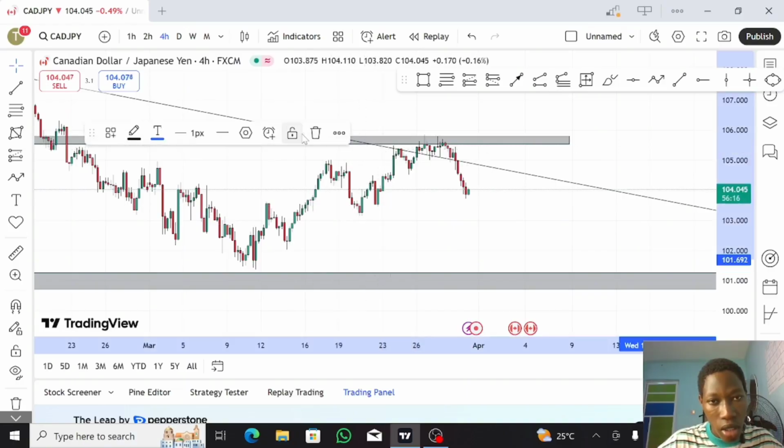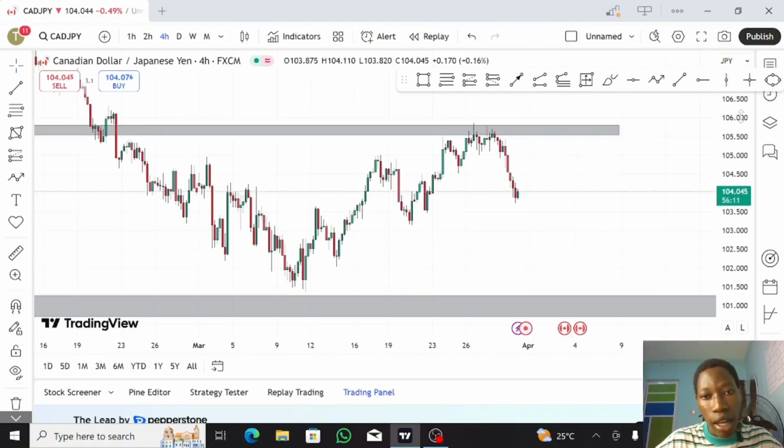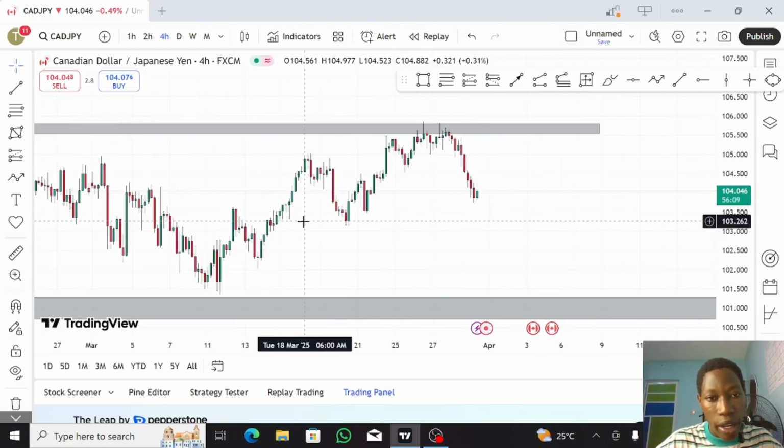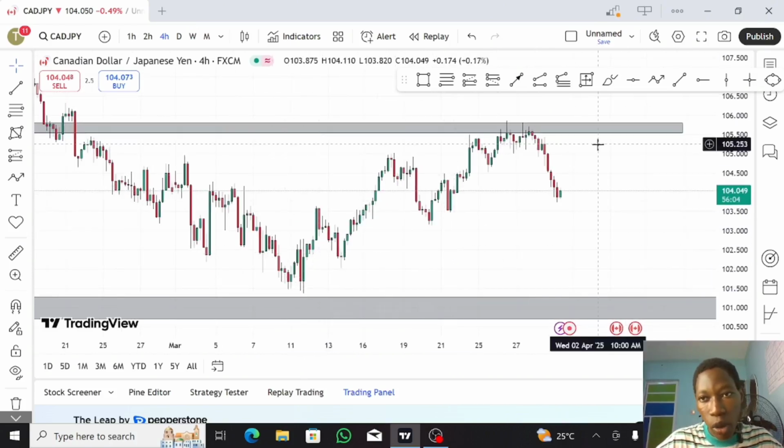Now, using that Elliott wave pattern I taught you guys just now, right? We understand that this point here is point A already.